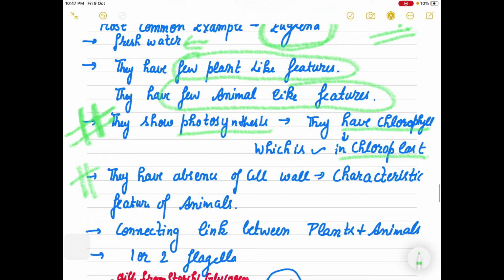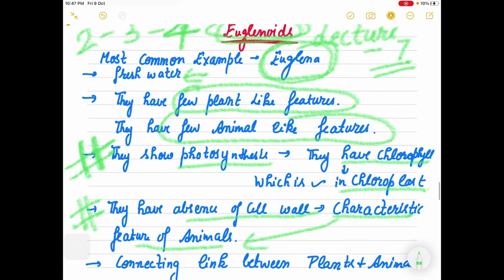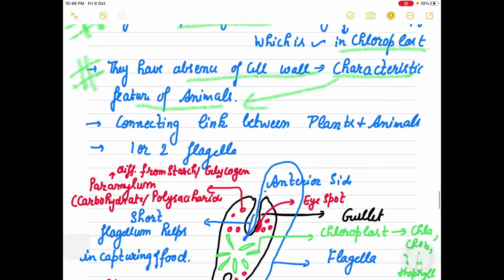But like the animals, they do not have a cell wall. And that shows that they have a characteristic feature of animals. So that is why we are saying again and again that Euglena is a kind of organism which has few plant-like features and few animal-like features. It is a connecting link actually between plants and animals.